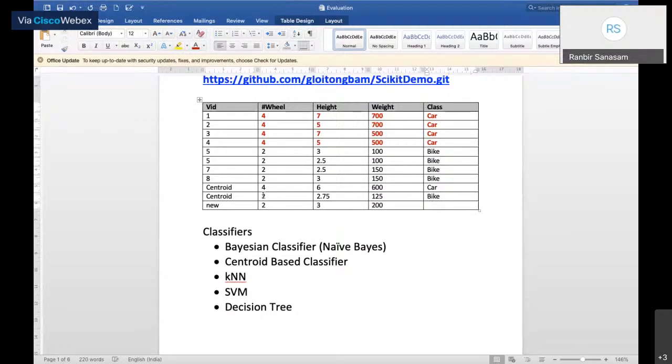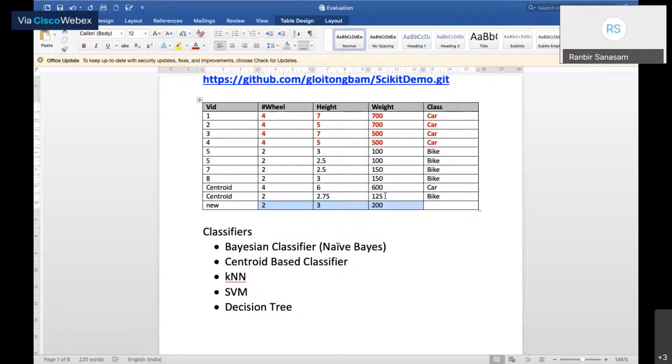How do you find the distance between the centroid and the new vehicle? Because the new vehicle is also a vector, and the centroid is also a vector. So you can use any measure like Euclidean distance or cosine similarity, where you can find the distance or similarity between the two vectors.